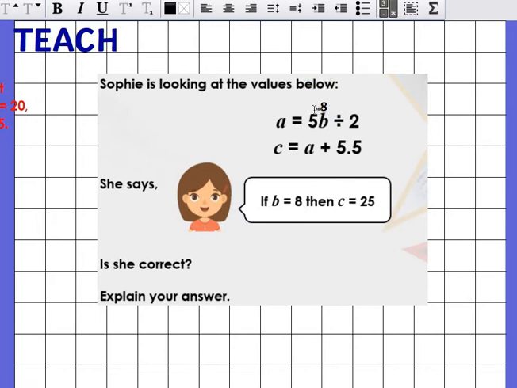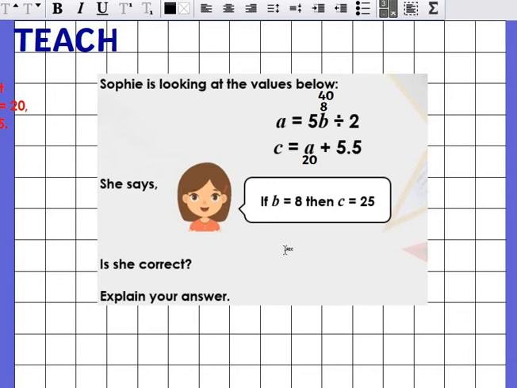So we know B, 5b, so 5 lots of 8. So that equals 40. And 40 divided by 2 is 20. Okay, so we can see there, 20. So if we were to then put C, so 20 there. We've got A, so 20 plus 5.5 equals C. So she is incorrect.